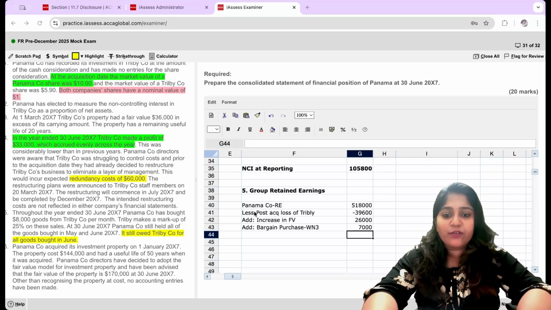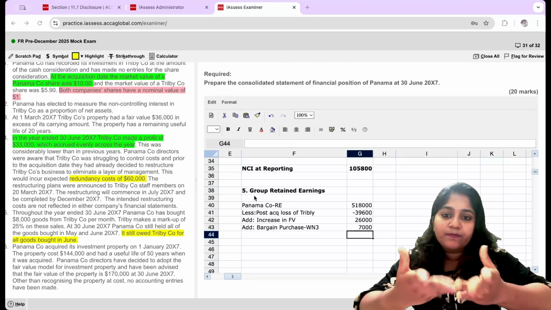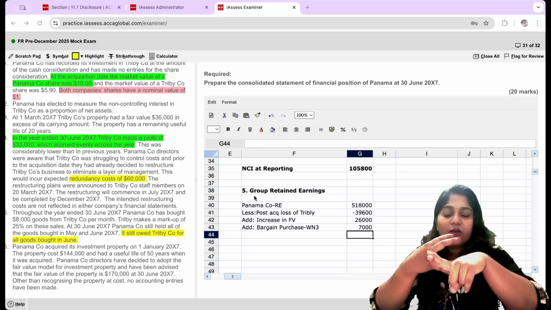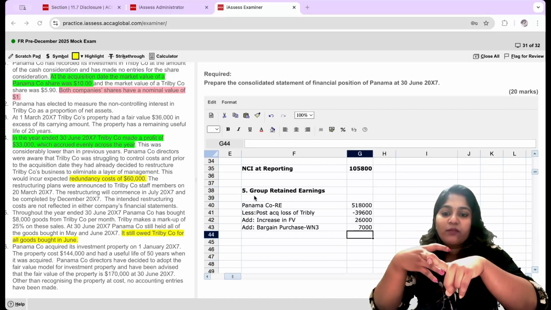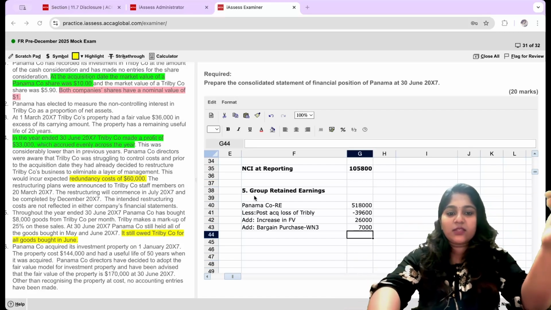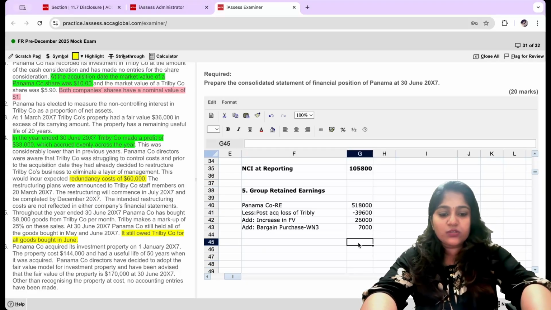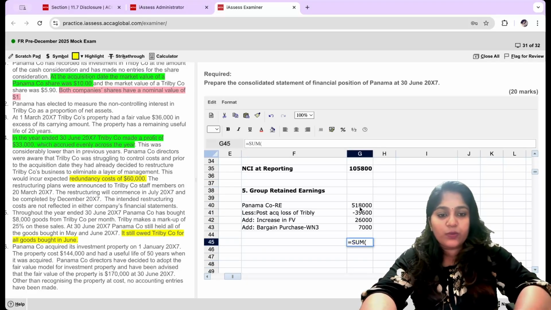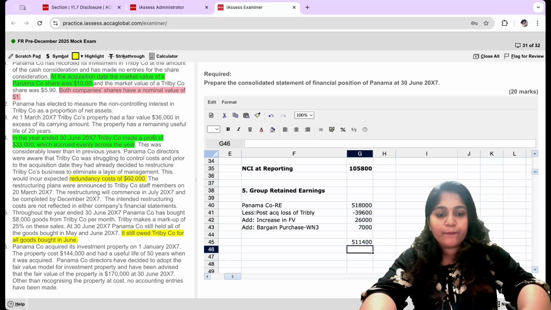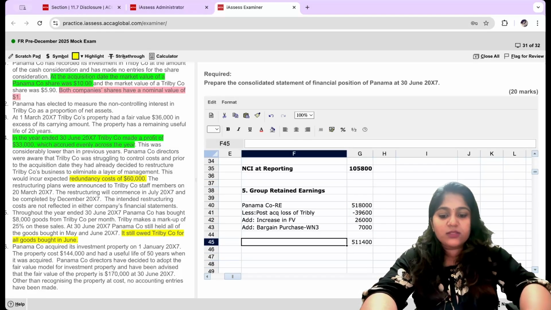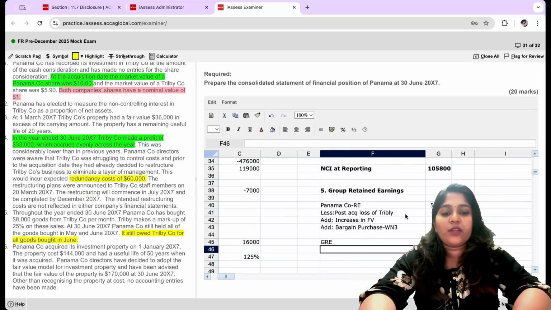Apart from these things, we have accounted for post acquisition loss, fair value increase, and bargain purchase. I think that's all. What should be my group retained earnings that goes to the statement of financial position? My group retained earnings will be 511,400. That should be the value. This is my GRE going to the statement of financial position.